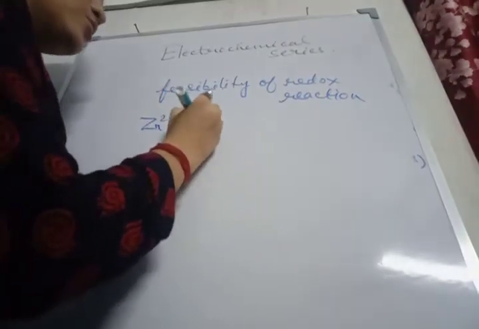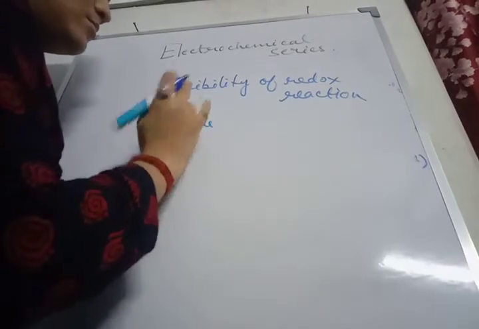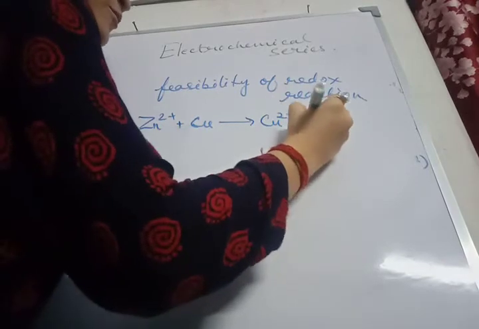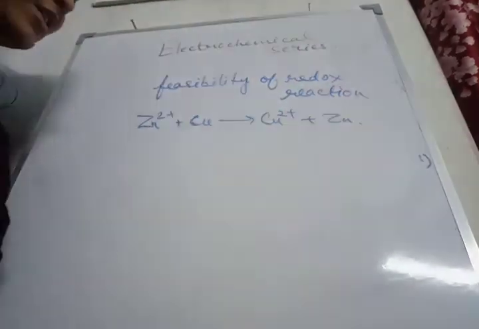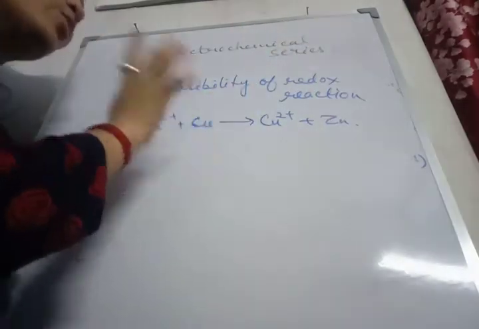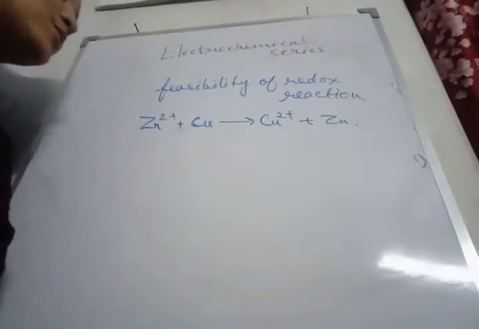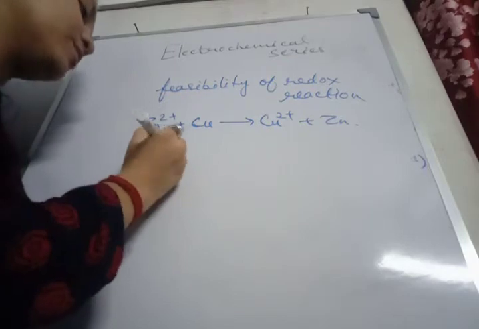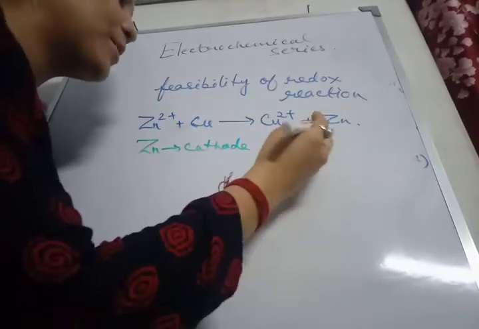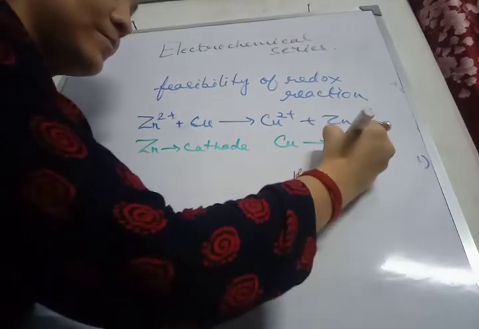Zn2+ plus Cu gives Cu2+ plus Zn. So in this particular reaction, Zn2+ undergoes reduction, Cu undergoes oxidation. That means zinc will act as what? Zinc will act as your cathode and copper will act as anode.